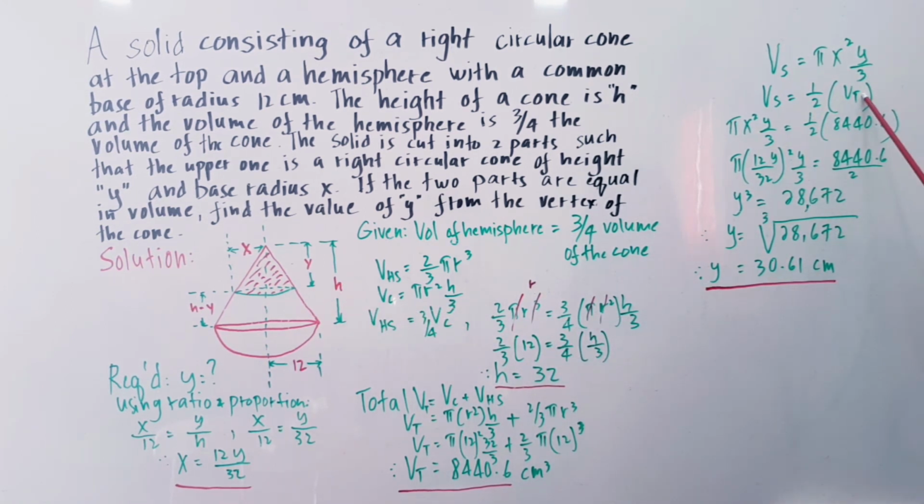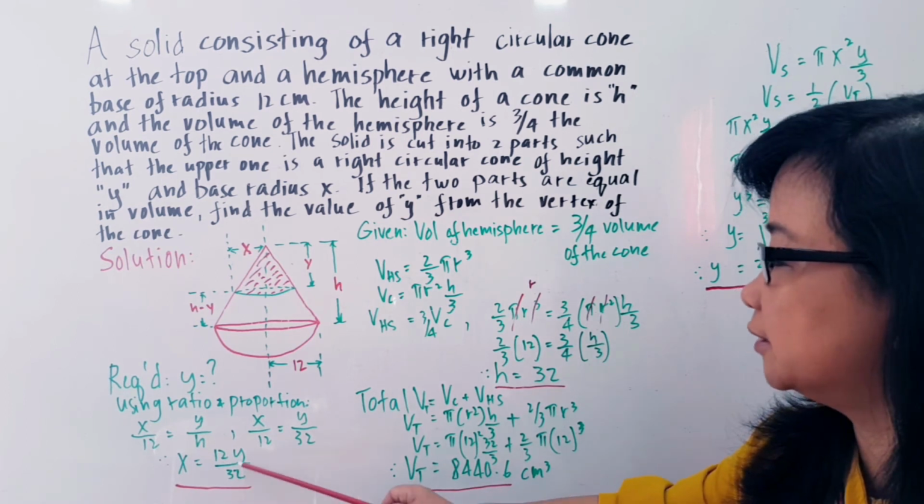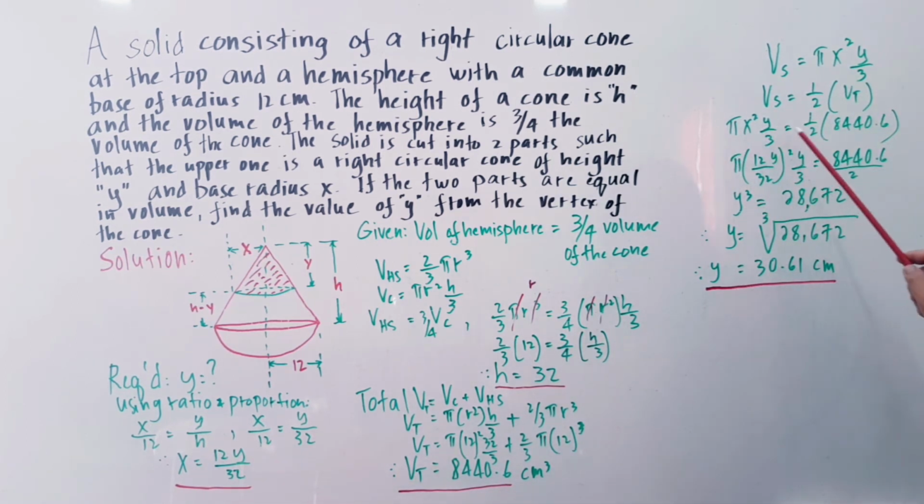Now, volume of the total meron tayo, which is 8440.6. Tapos, ang value ng x meron tayo, which is equal to 12 over 32 y. So, ini-equate natin ang volume of the small, which is equal to 1/2 the volume total, kasi kalahati nga siya. Pareho sila ng volume.